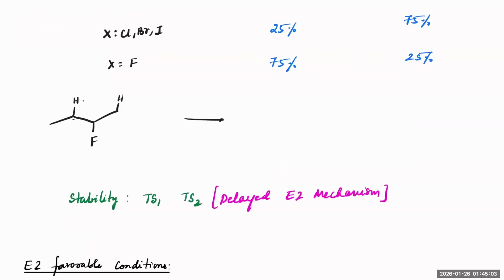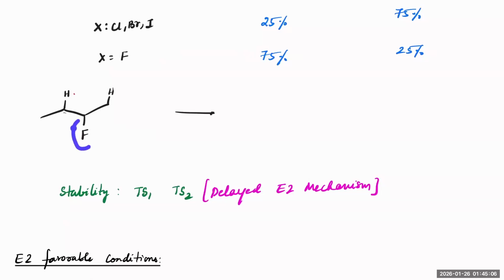Why is this happening? See, fluorine is a very weak leaving group. So if fluorine is a weak leaving group, then how does this mechanism happen? Check it out. Suppose I have this group, notice this carefully.